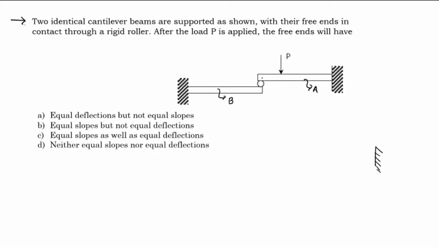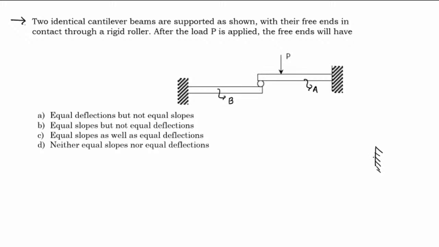If the deflection of cantilever beam A and beam B is the same, then the beams will be held in contact. If the deflections are not the same, then there will be no contact between the beams.